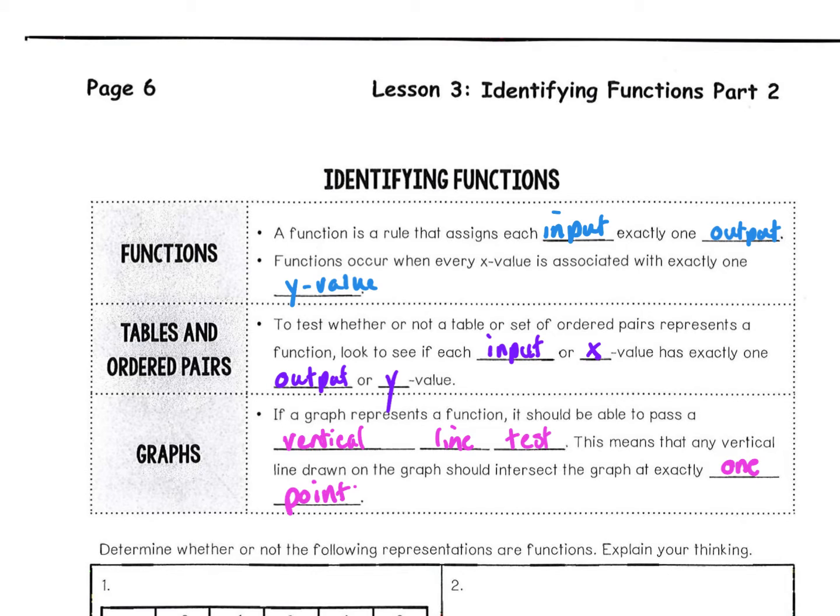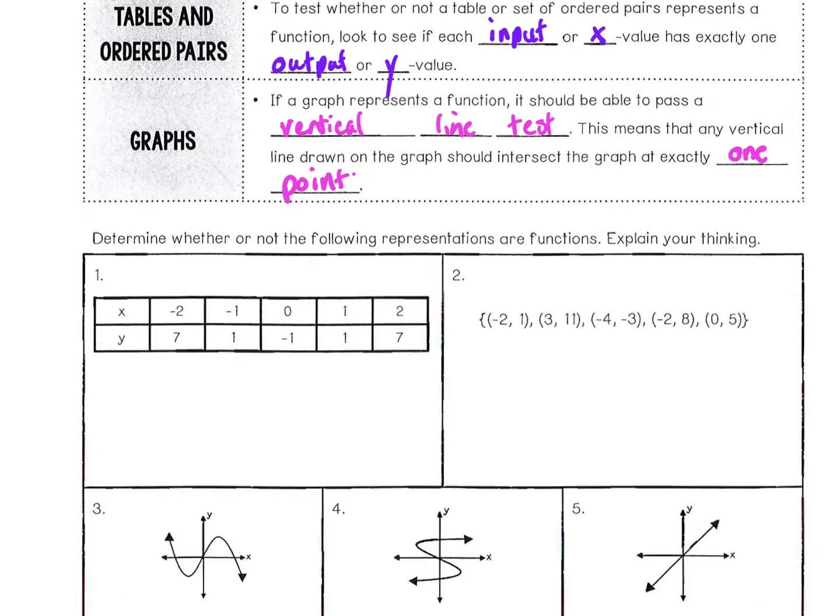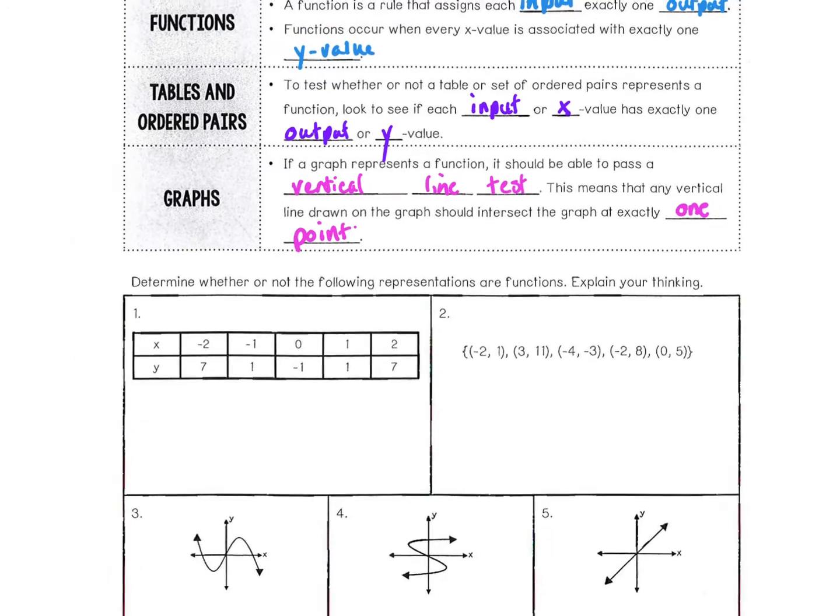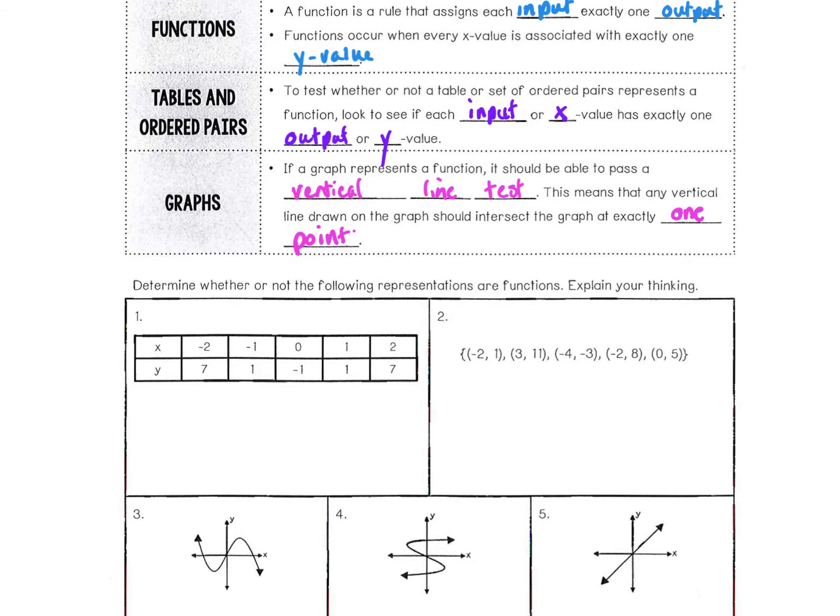Okay, so now let's look at the following set of situations to see if we can use what we just talked about. It says determine whether or not the following representations are functions. Explain your thinking. So we're going to look at this table. We're looking for every x value or input to have exactly one output or y value.